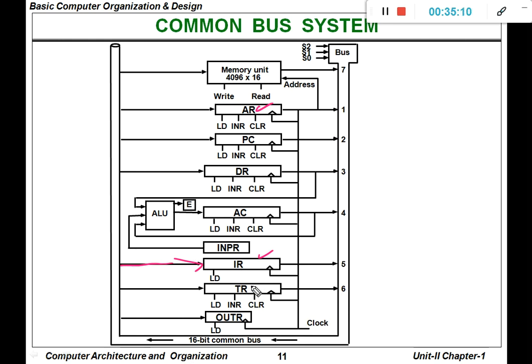So like this, we are going to perform different types of operations using registers. And the most important register among all these registers, as you can observe in the diagram, which is used in the arithmetic logic unit, is the accumulator register. The accumulator register is the most important register.